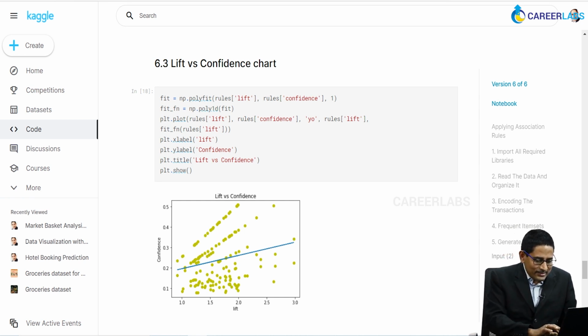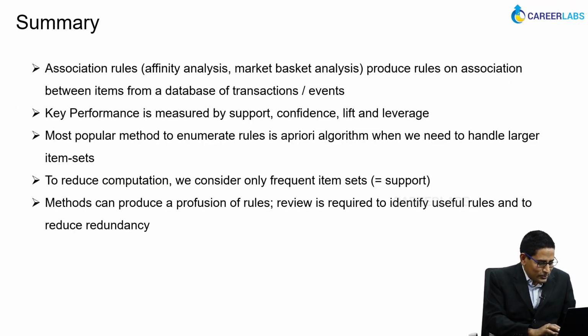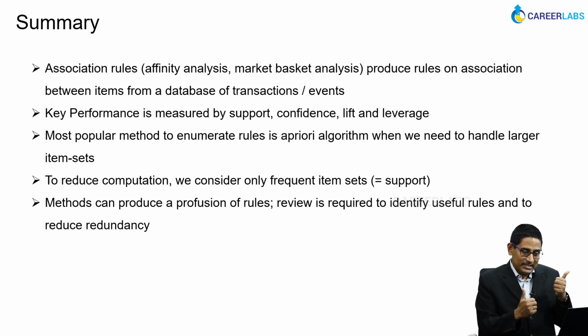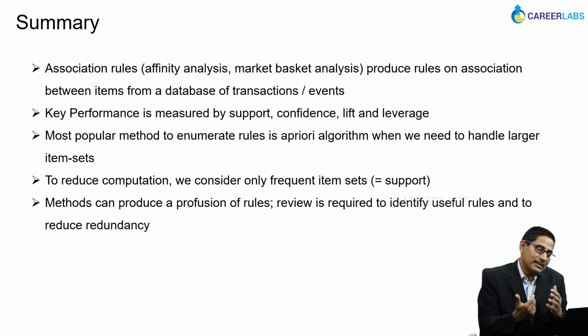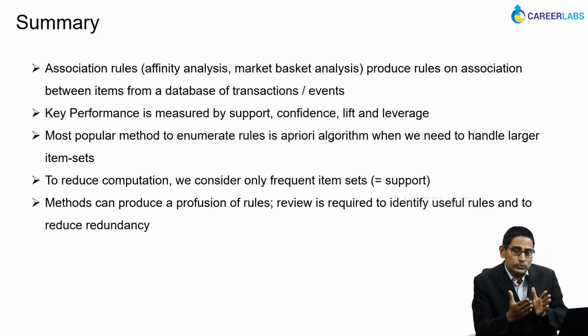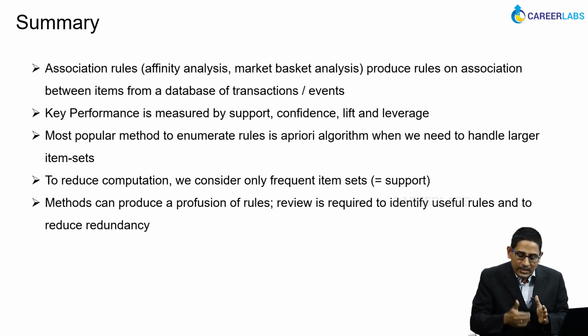All right, so we will quickly move on to the summary of what we presented so far. We could summarize that we have seen association rules, affinity analysis, and market basket analysis. These produce rules on association between items from a given database of transactions.